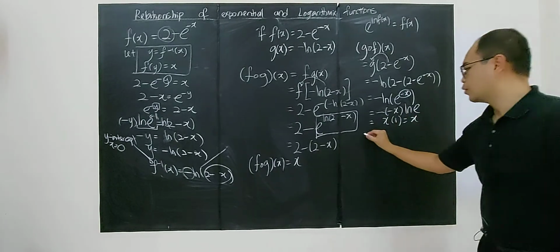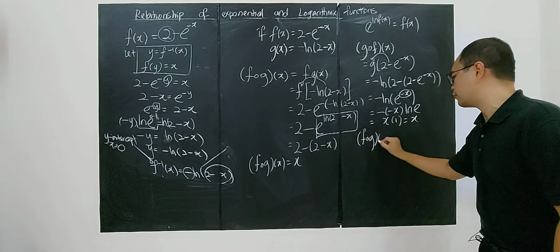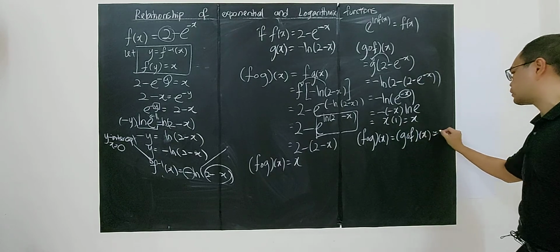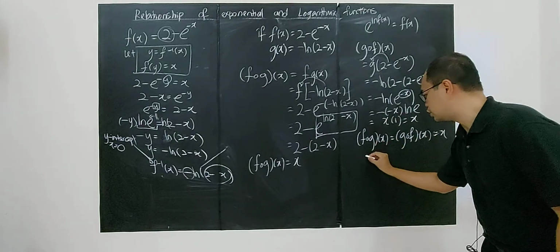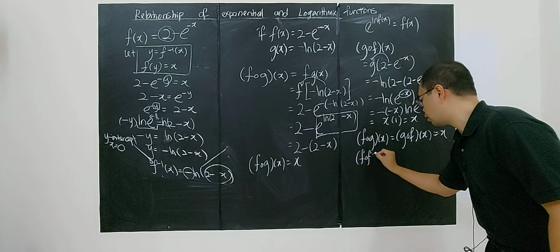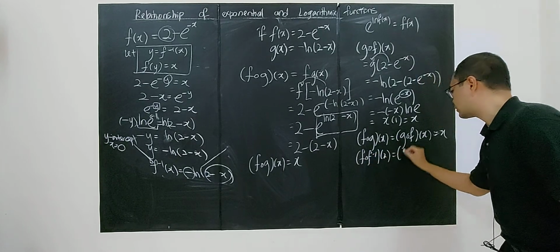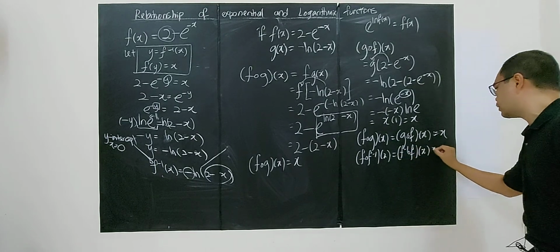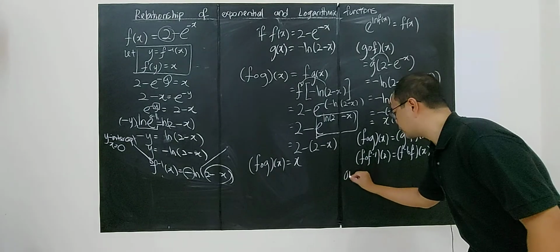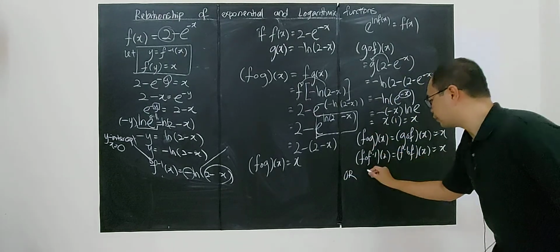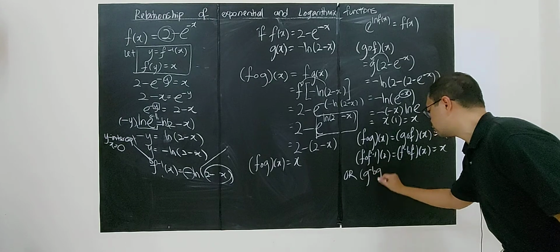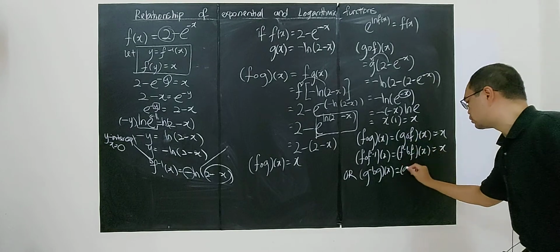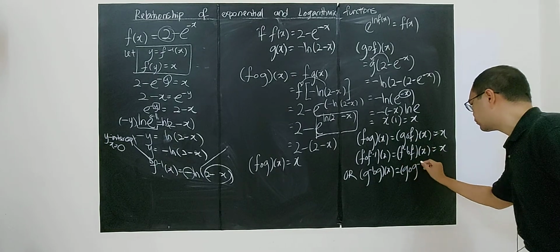This is a relationship where f(g(x)) equals g(f(x)) equals x. This only happens when g is the inverse of f, or I can say that f is the inverse of g.